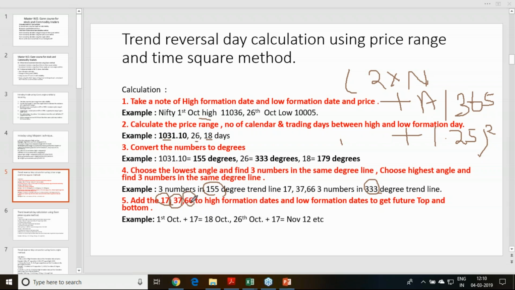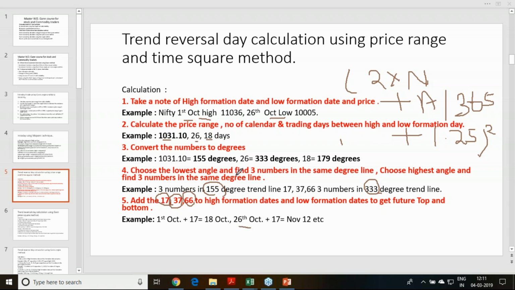These numbers we just add to the low formation day and high formation day. From 1st October we move 17 days ahead, and from 1st October we move 37 days ahead.